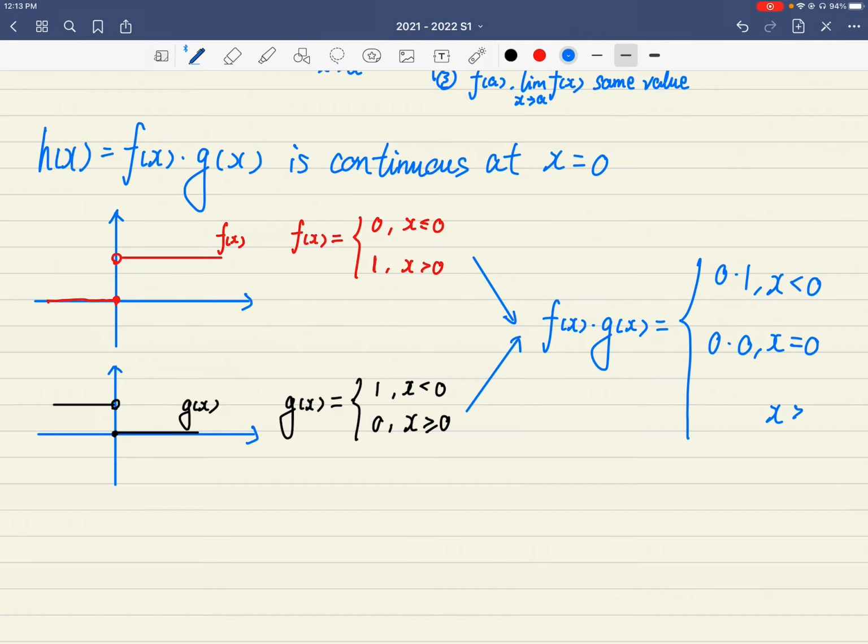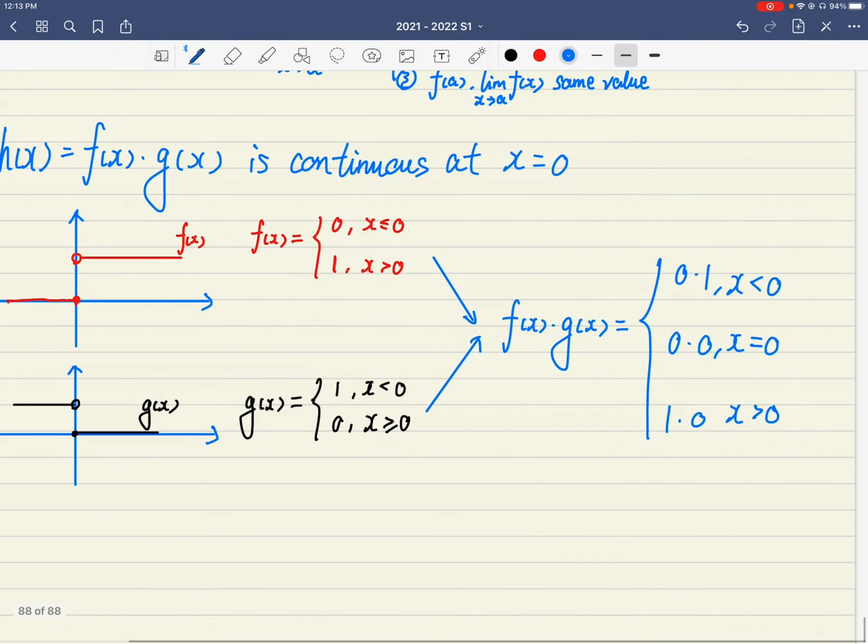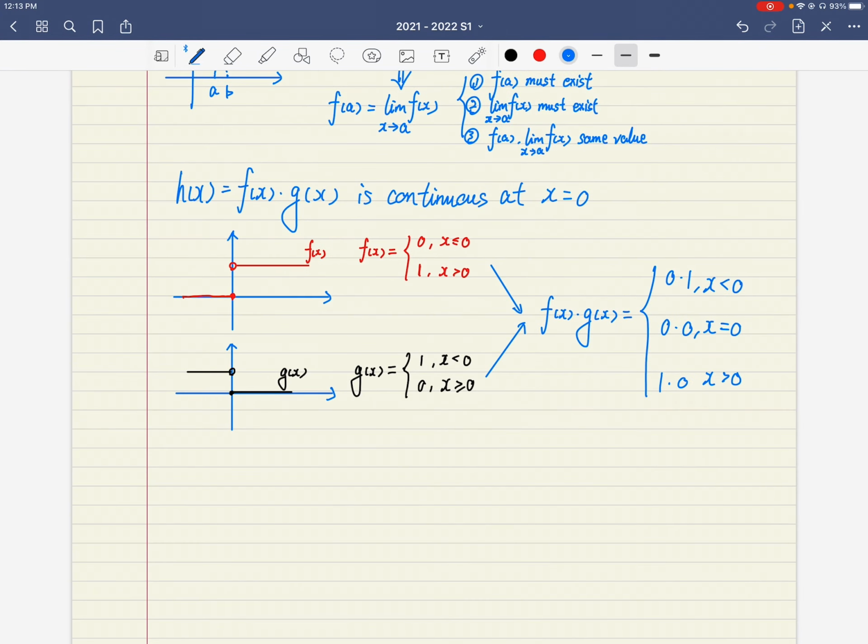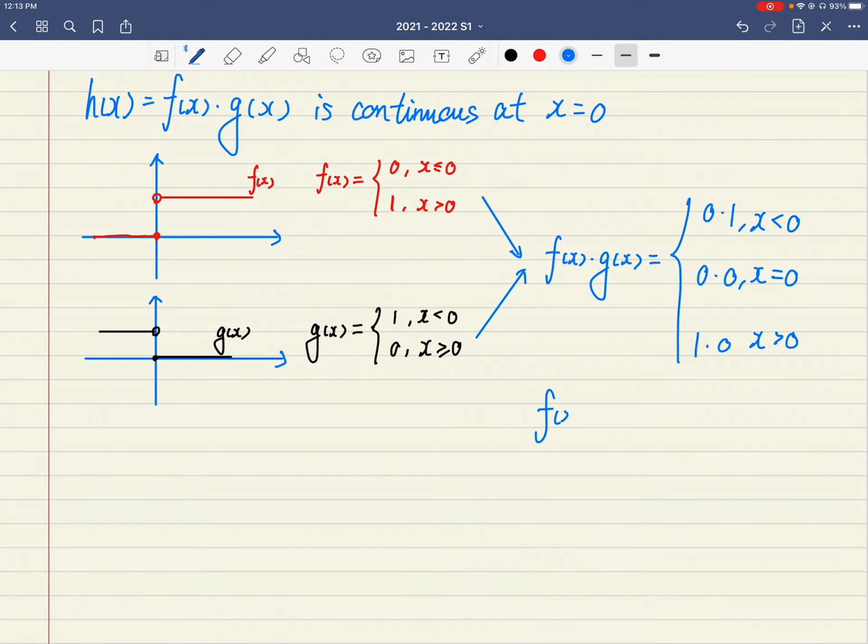When x is greater than 0, f(x) is 1 but g(x) is 0. So no matter whether x is negative, positive, or 0, it's always 0. This product is just the zero function. So f(x) times g(x), which we call h(x), is always 0 for any x.